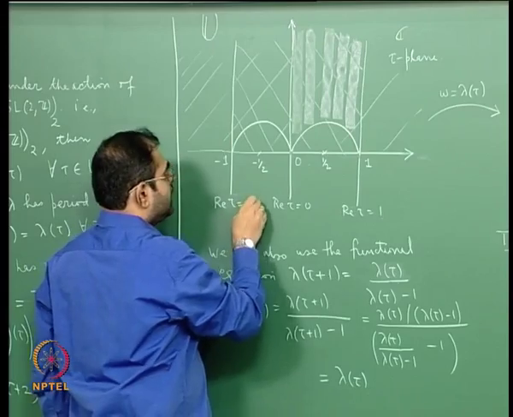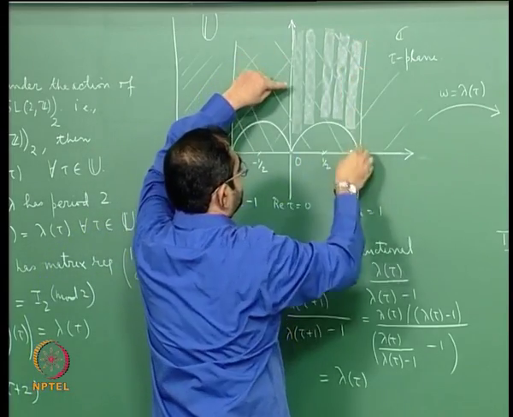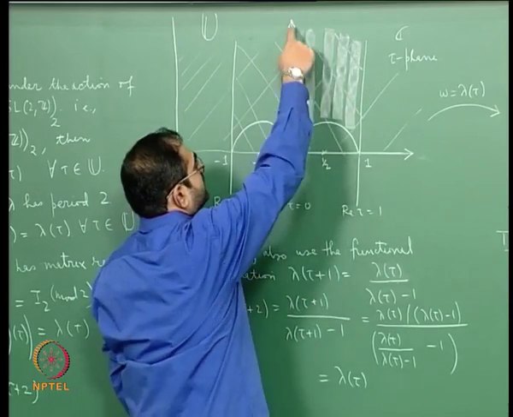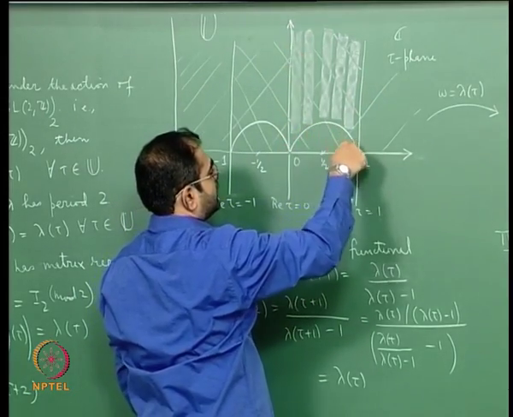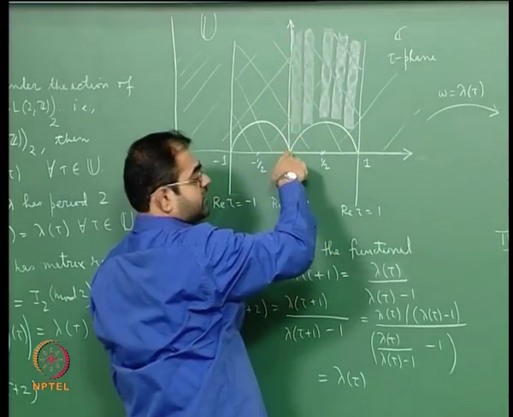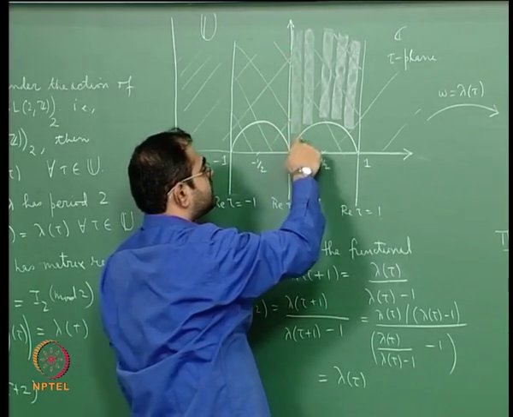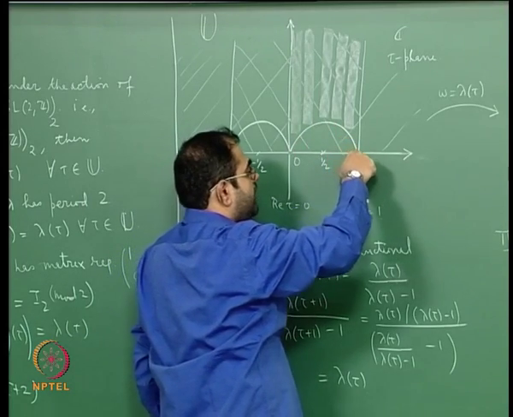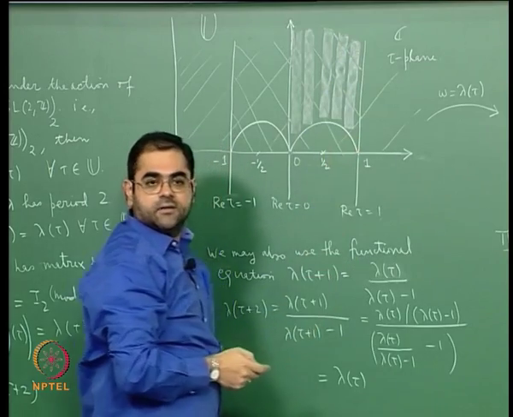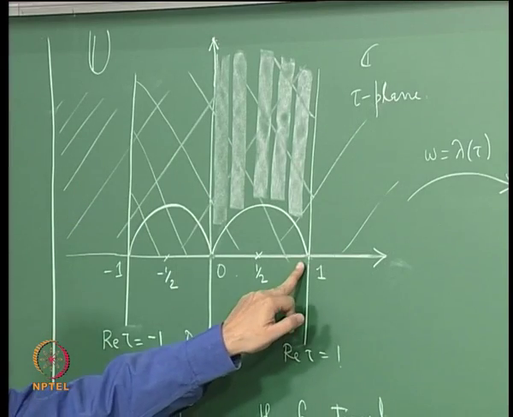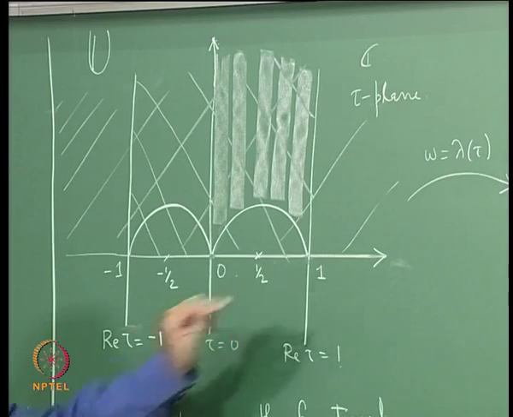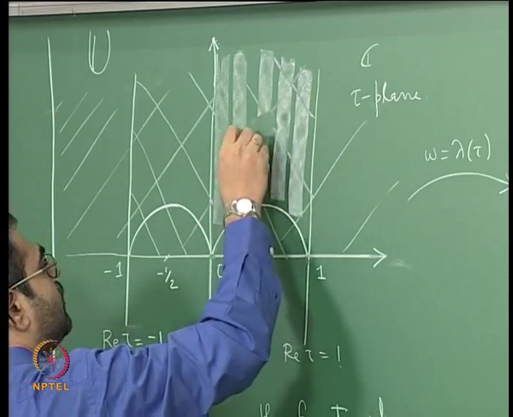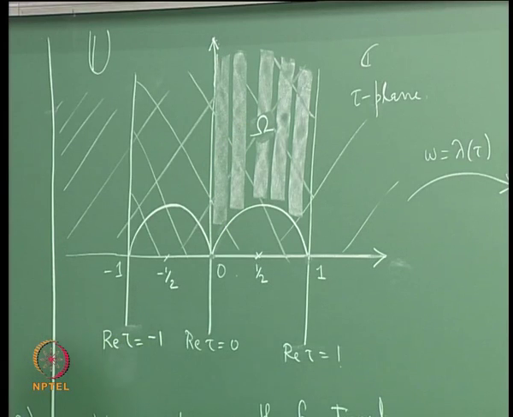I have not shaded it fully, but the boundary consists of this portion of the imaginary axis, followed by this semicircular arc, and then this portion of the vertical line passing through 1. Let us call this region omega.